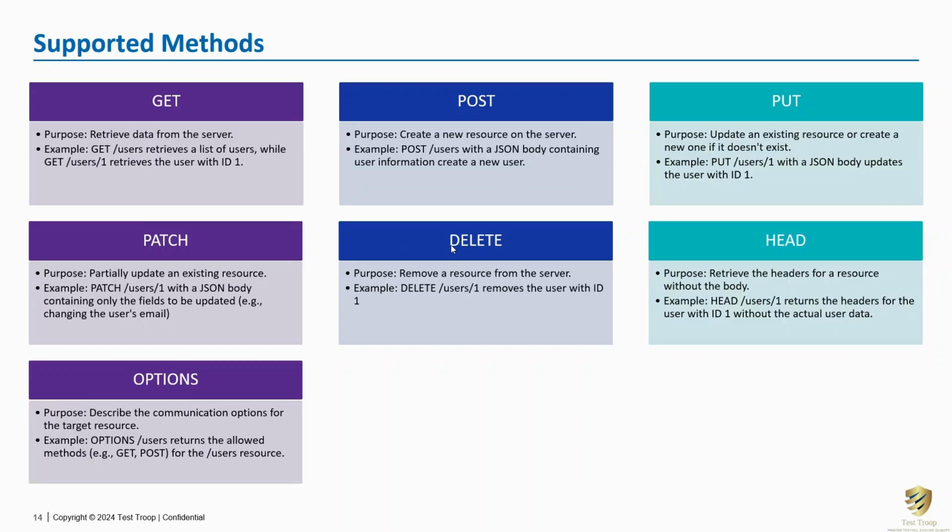Delete is to delete a resource from a server. Head is equivalent to get, but it only retrieves the header information. The options method gets a list of operations that we can perform for a given API. I will also explain this with an example at the end of this session during the practical session.